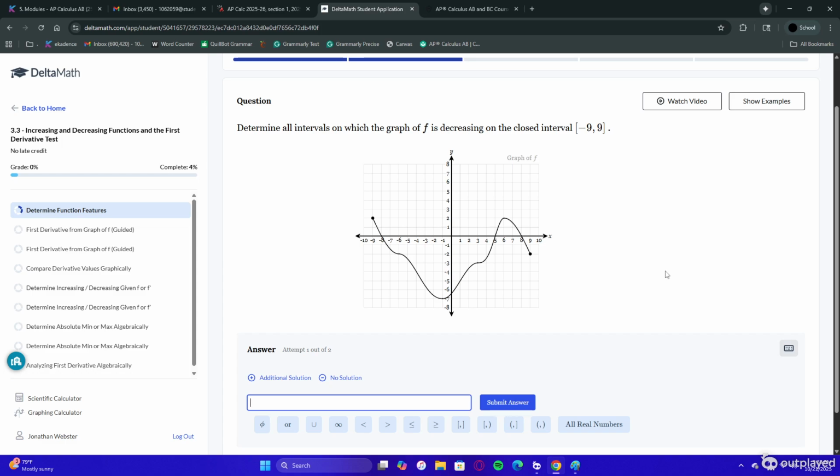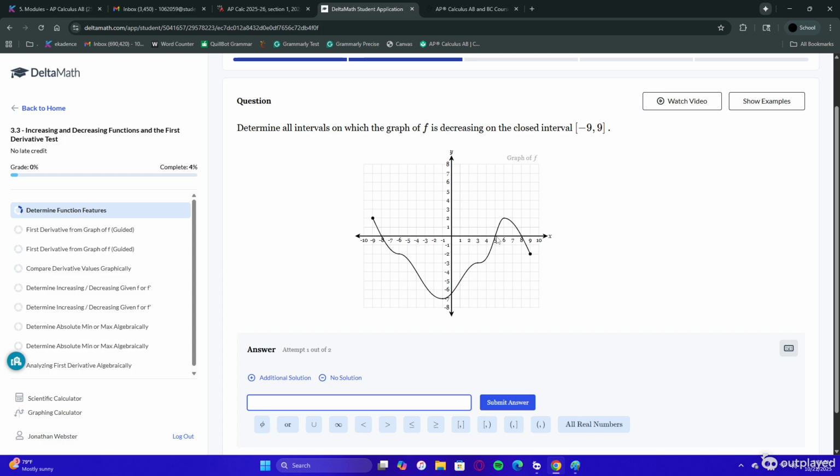Alright, here it's asking to determine all intervals on which the graph of f is decreasing on the closed interval -9 to 9. So now these points, they're closed, and it's asking where is f decreasing. So f is decreasing, you're going down, down, down. This is where it's going down.